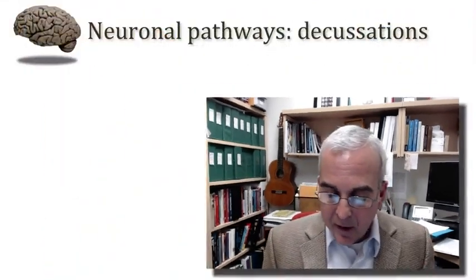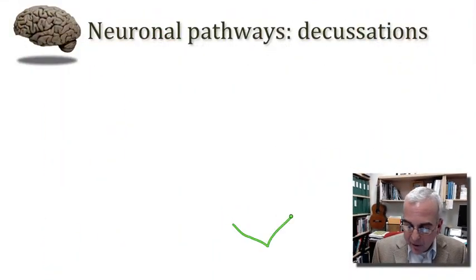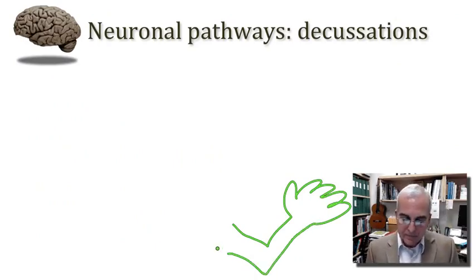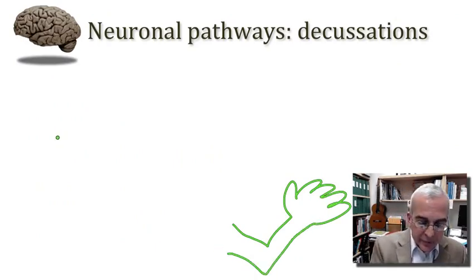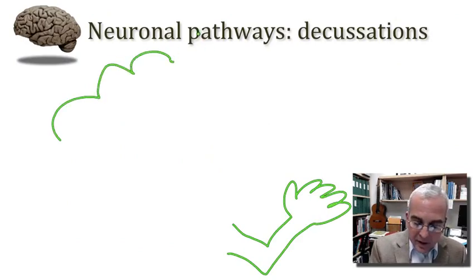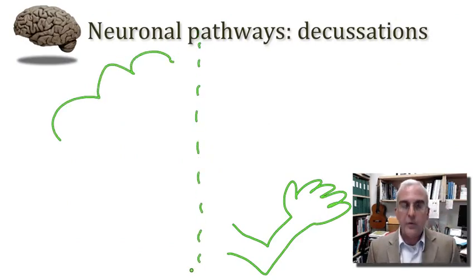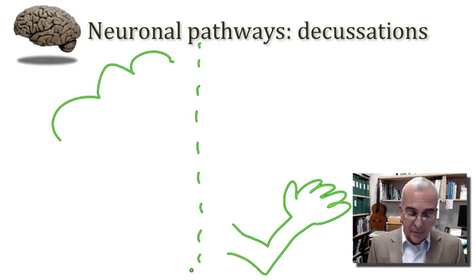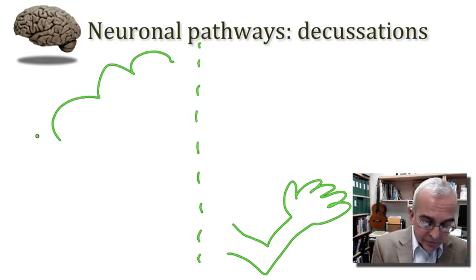In our nervous systems that are bilaterally symmetrical, there's a very interesting principle of organization at play, and that is a principle of contralateral representation. So let me illustrate that for you. Imagine that we have some body part in question here. Maybe it's an upper extremity, and that upper extremity is going to be represented in the contralateral, or the opposite side of the cerebral hemisphere. So this is the cortex.